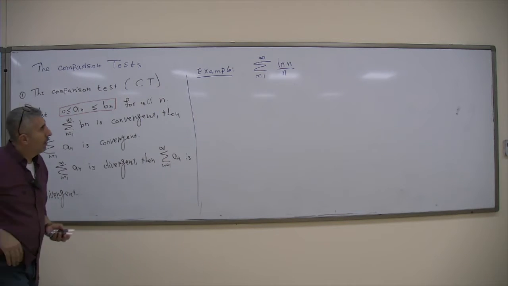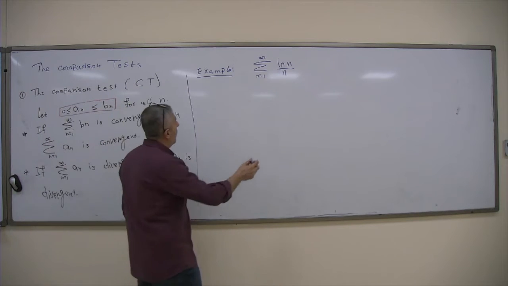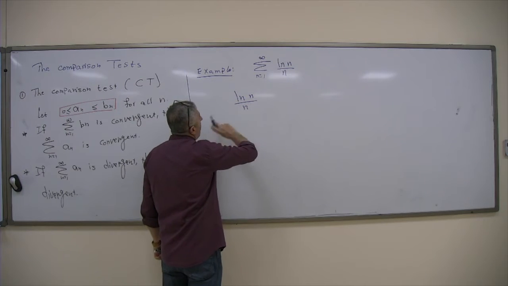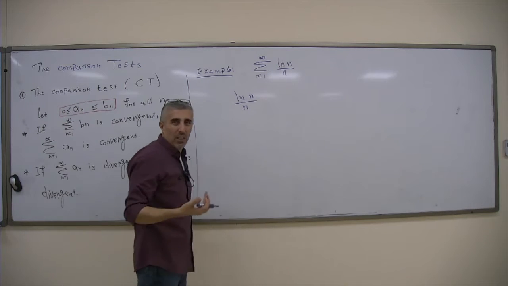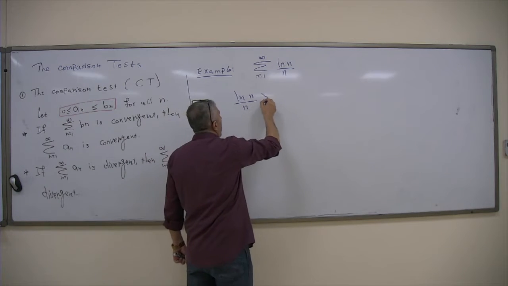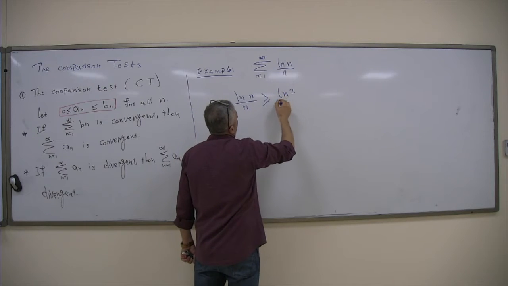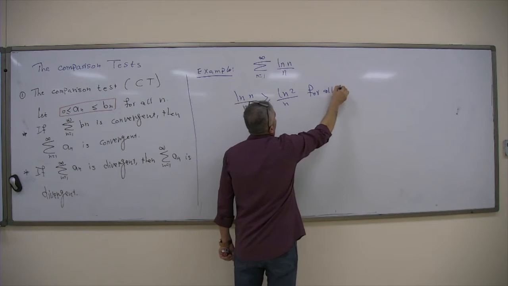In this one, I will make a comparison with this ln n over n. Now, if n is 1, this is 0, so I don't need to worry about that because you get 0. However, if n is larger than or equal to 2, I can say this is larger than or equal to ln 2 over n for all n larger than or equal to 2.